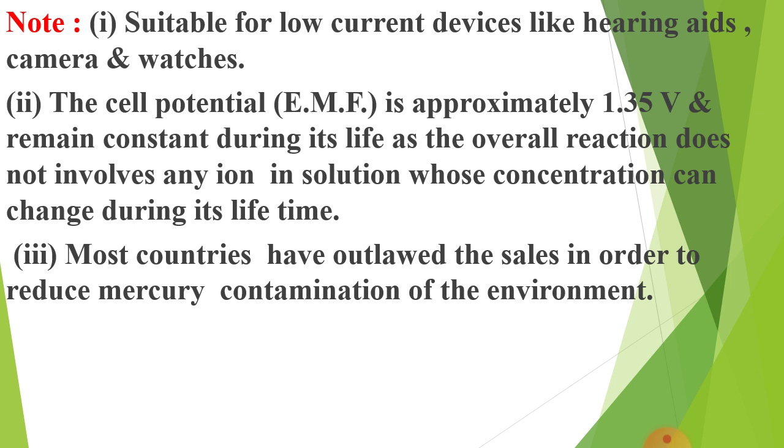Now note about mercury cell. This cell is suitable for low current devices like hearing aids, camera and watch. Second, the cell potential, that is EMF, is approximately 1.35 volt and remains constant during its life, as the overall reaction does not involve any ion in the solution whose concentration can change during its lifetime.